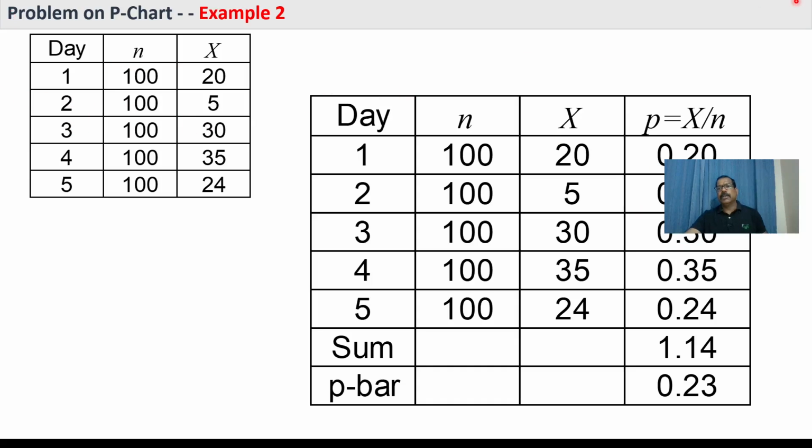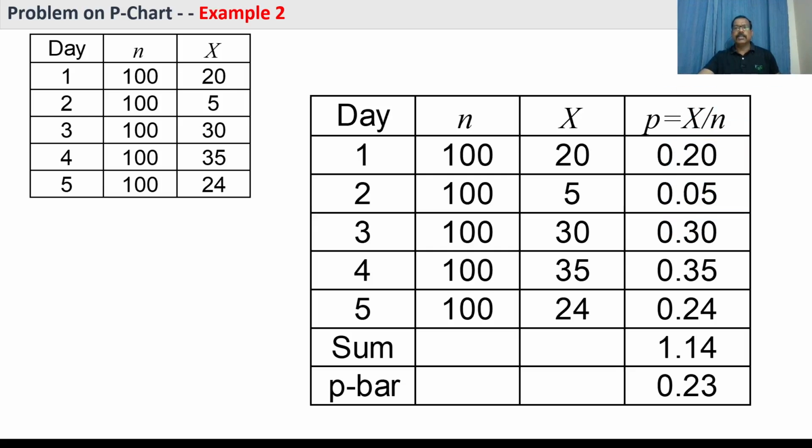Similar to X bar and the rest, you can get the P bar using this calculation. So n you have, x you have. P is x divided by n. x is 20 out of 100, so the defective proportion, fraction or percentage, is 0.20, like that.